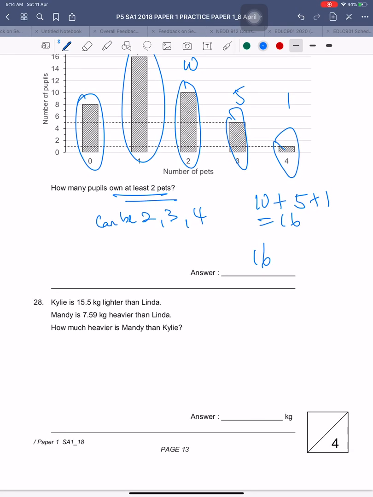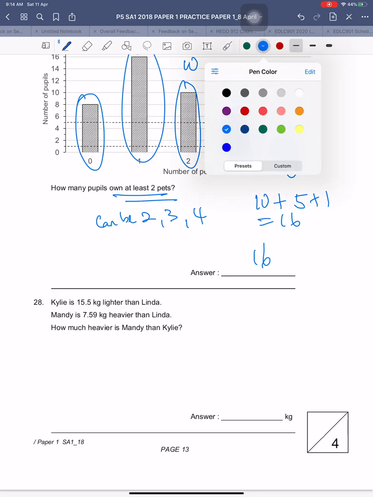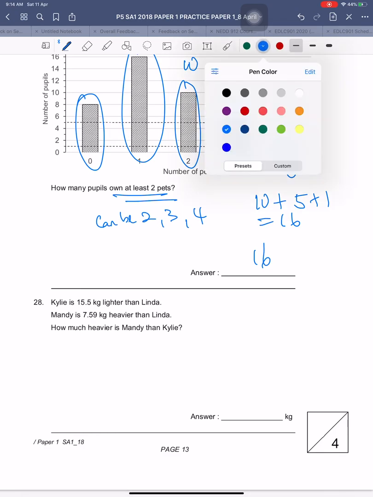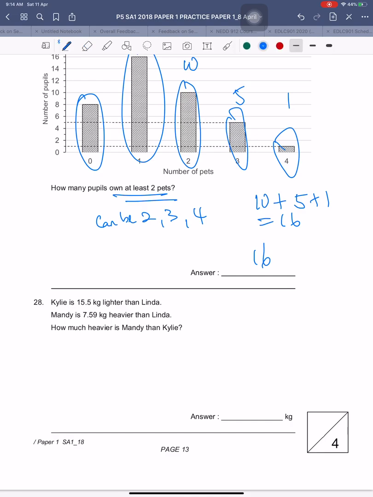Question 28. Kaylee is 15.5 kg lighter than Linda. So I'm going to start drawing the model first. Kaylee and Linda. Kaylee is lighter than Linda.